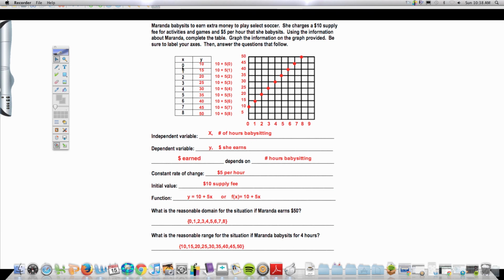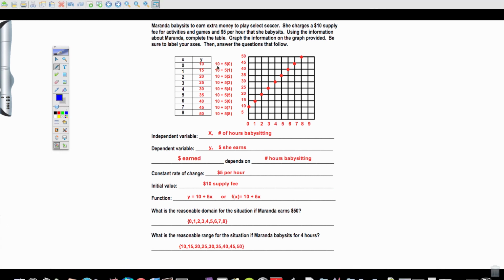And you can see the table, we can fill it out. Well, if she worked 0 hours, there's still that initial value of 10, and then plus $5 an hour. Well, if she worked 0 hours, that would just be $10. If X is 1, so if she worked 1 hour, now we're just plugging in 1 for X. So again, you've got your initial value of 10 plus $5 per hour.